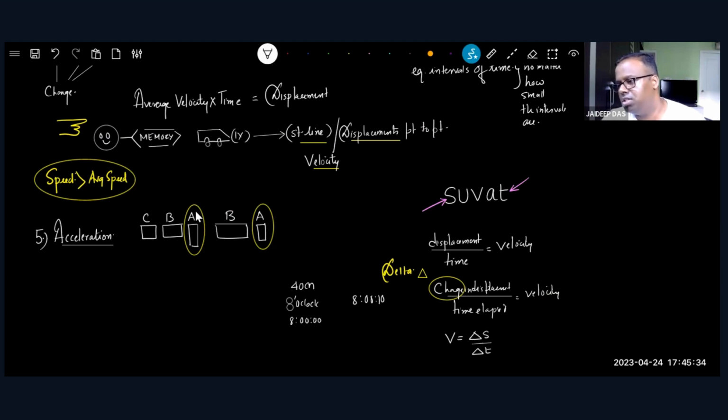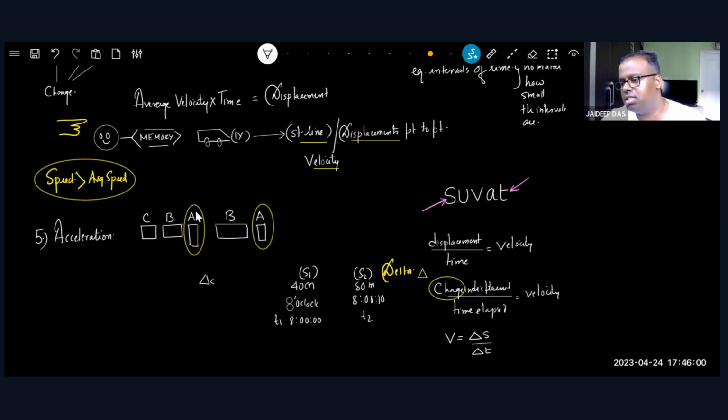My displacement is say 80 meters. In 10 seconds, I've gone this. So this is known as my S1, the first displacement data, and this is T1. Okay, I should write it the other way, else you will get confused. So this is S1. This is T1, this is S2, this is T2.